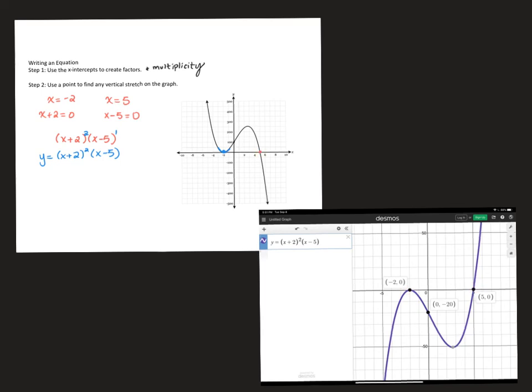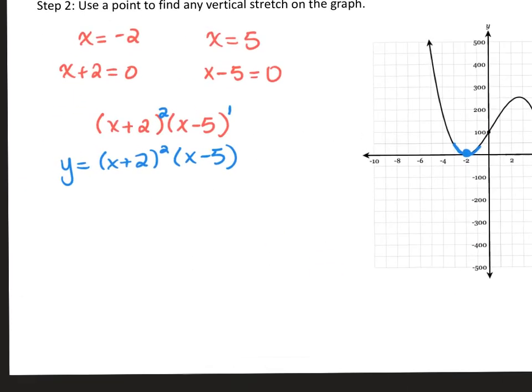So my x-intercepts are correct, but the issue is that currently, as I type in this equation right here, I have a y-intercept at -20. So what I want to do is create a vertical stretch on my graph such that I can, 1, reflect my graph so that my y-intercept will be positive, and then stretch my graph from 20 to 100.